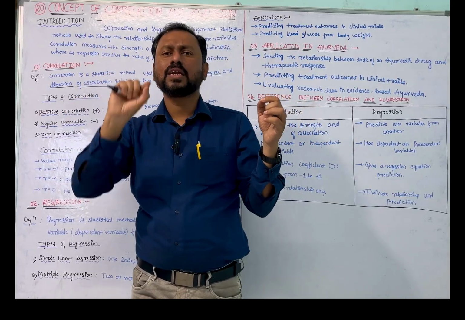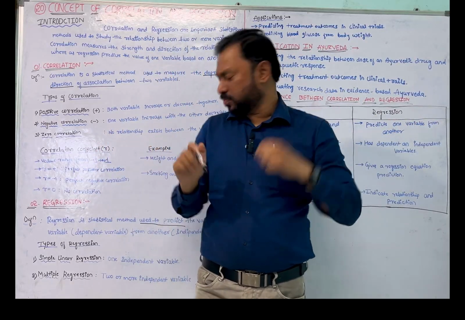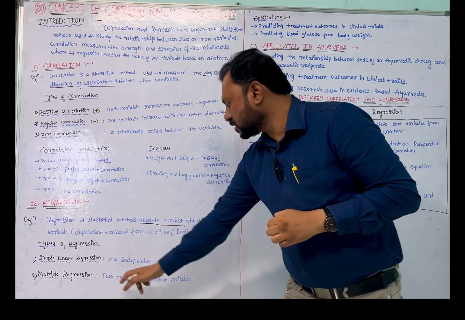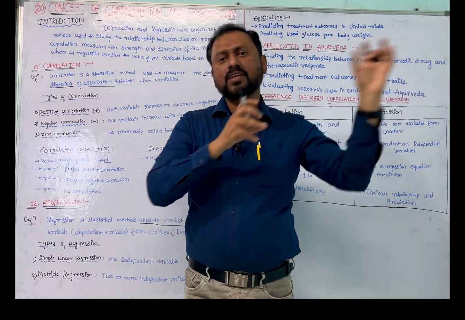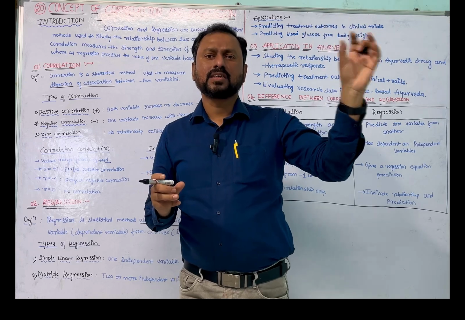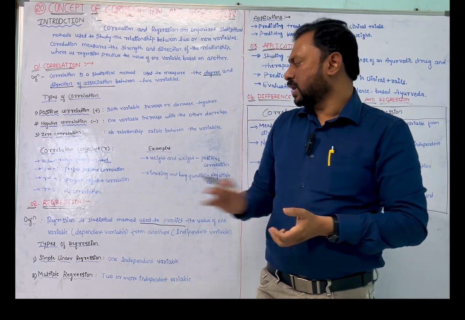So many independent variables affect the result. Multiple regression means two or more independent variables, due to which we can predict the dependent result. This is called regression.